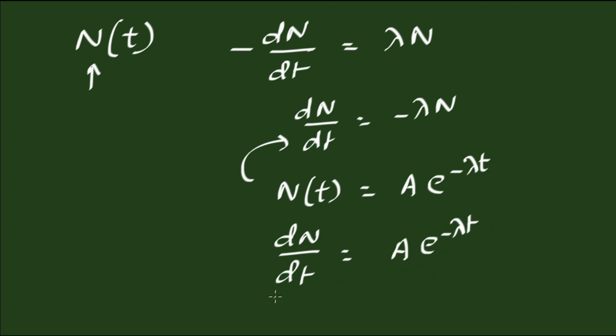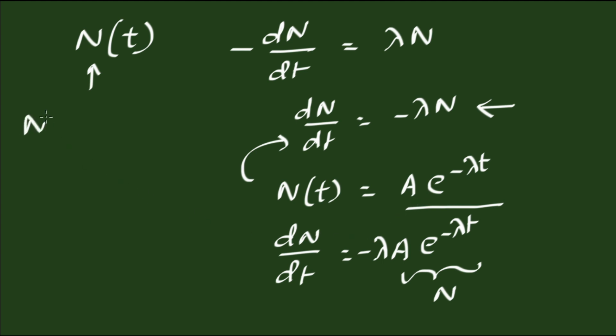By chain rule, since I want the derivative with respect to t, I get minus lambda. Again, notice that this is nothing but N. So we get dN by dt is equal to minus lambda N. So it satisfies our differential equation. This is a solution, and this is our general solution because it's valid for any value of A.